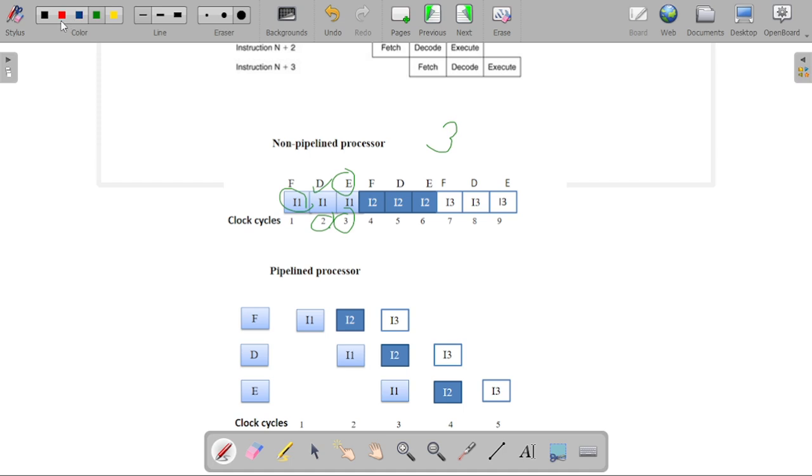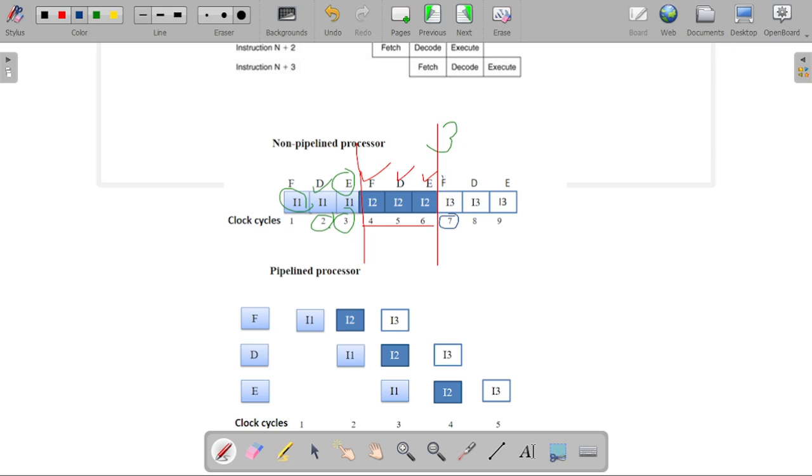Now, the execution of our first instruction is completed and we move on to the second instruction. For executing the second instruction, it will again be fetched, decoded and executed in the fourth, fifth and sixth clock cycle. Once it is completed, the execution of the third instruction will start, in the seventh, eighth, and ninth clock cycle.